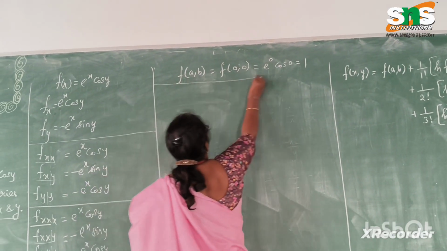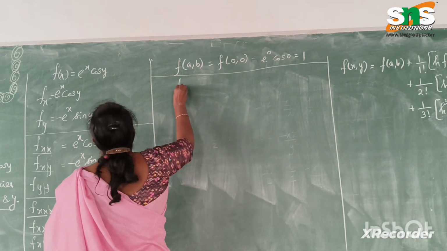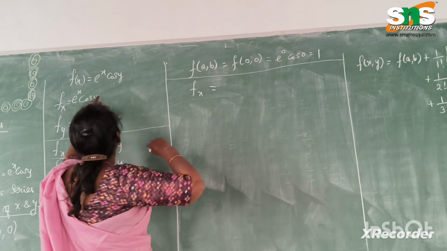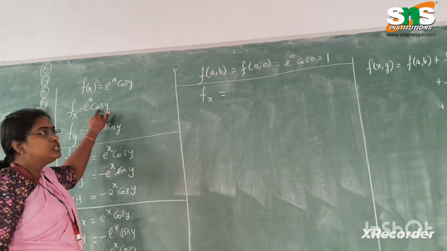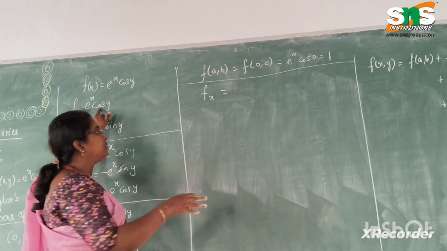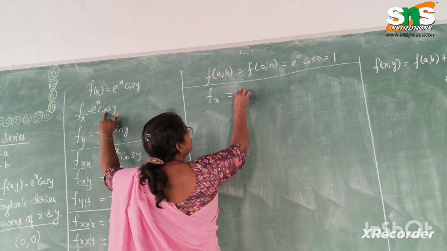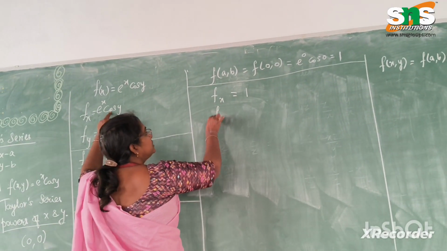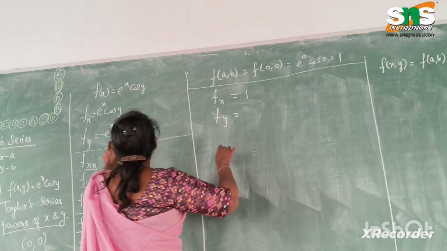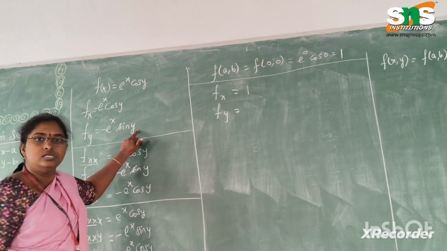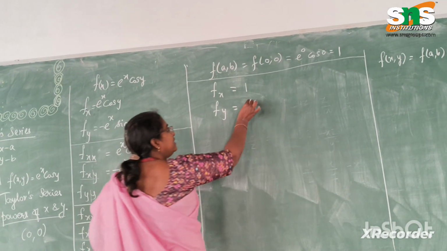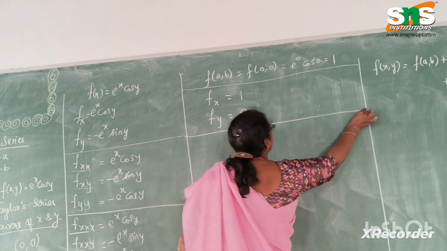The first level is over. Then fx: the same function is repeated, so no need to calculate, e power 0 cos 0, the value is 1. Next, fy means sin 0, which is 0, so directly put 0.